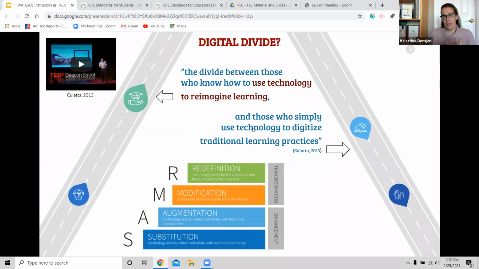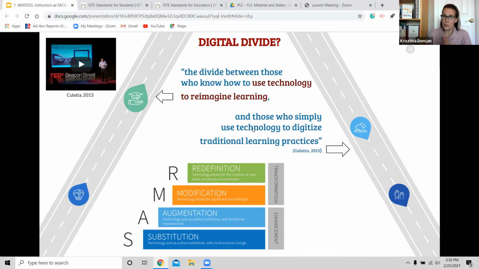Most of you might think about the digital divide as the divide between those people who have internet access, who have digital devices at home or in school. But what Culatta was talking about, almost 10 years ago, is the divide between, let's say, teaching practices.